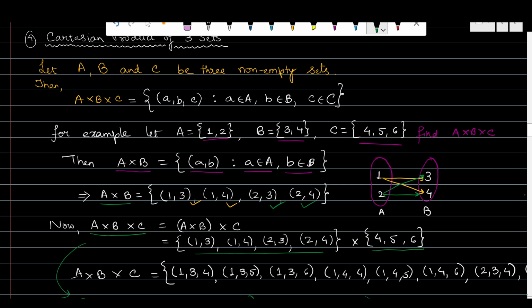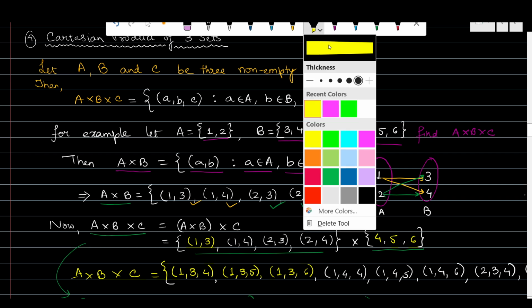So this set will be of the form A cross B cross C equals, consider this as the first element. First element maps with first element of this, first element maps with second element of this, and first element maps with third element of this. So after the mapping we get (1, 3, 4), (1, 3, 5), (1, 3, 6).